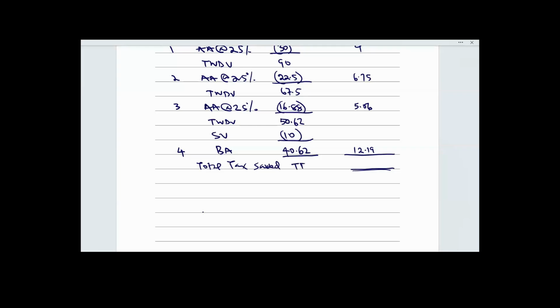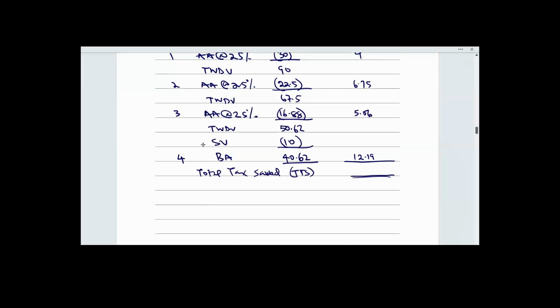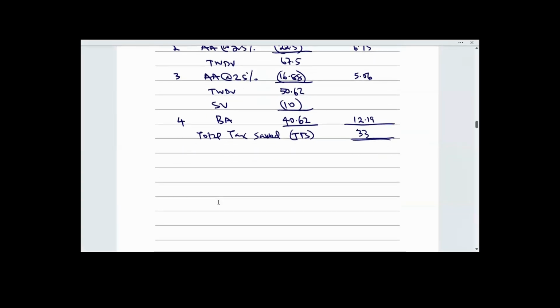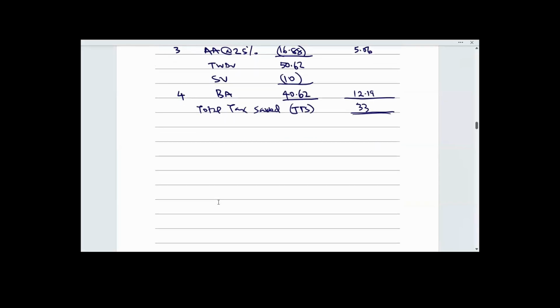So I will add up: 9 plus 6.75 plus 5.06 plus 12.19. This gave us 33 million. So the total tax saved is 33 million. That's the total capital allowance the company is supposed to claim.